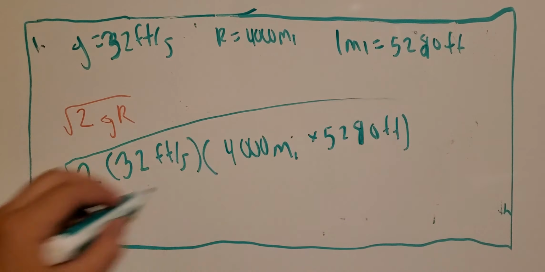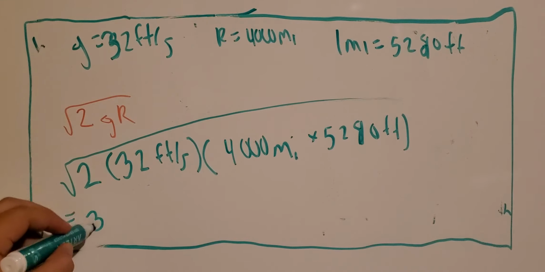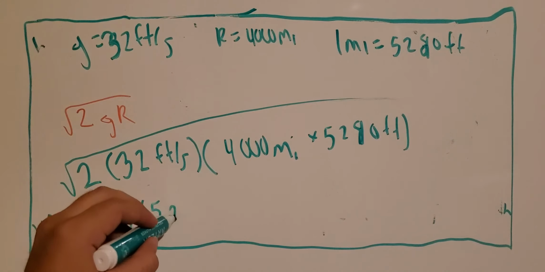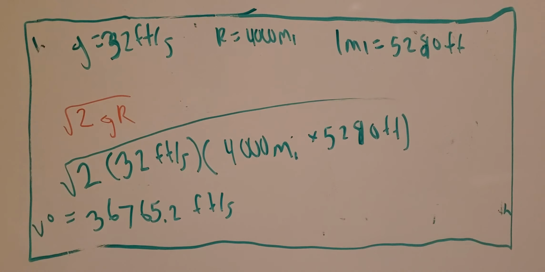After doing all this, v naught will equal approximately 36,765.2 feet per second.